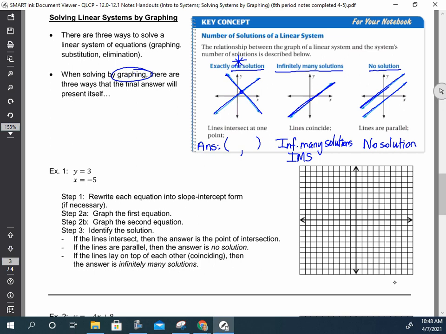So let's do a very basic example of a system. y equals 3 and x equals -5. So you have a horizontal line with a vertical line.